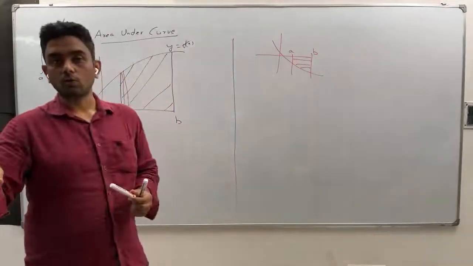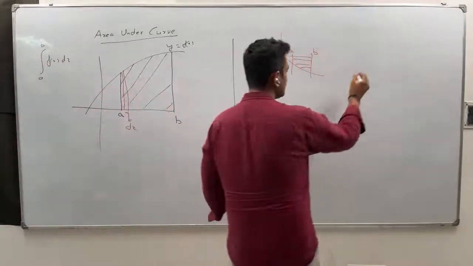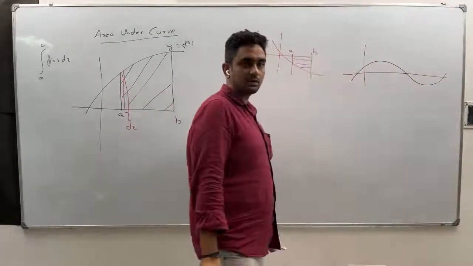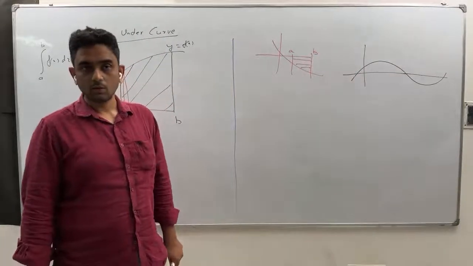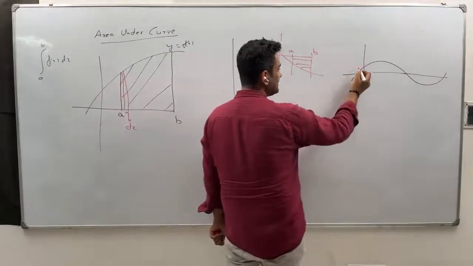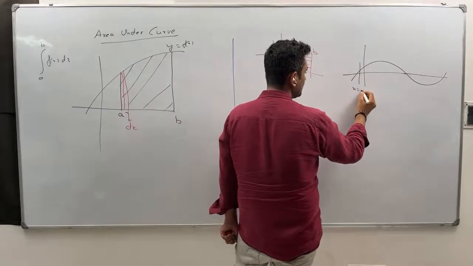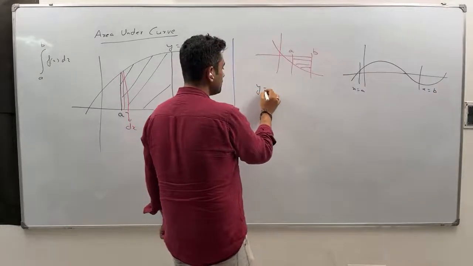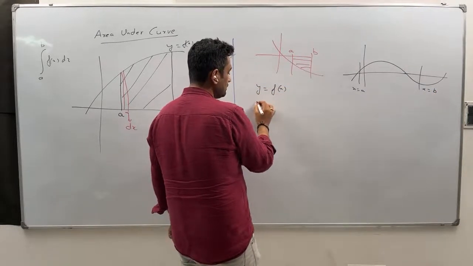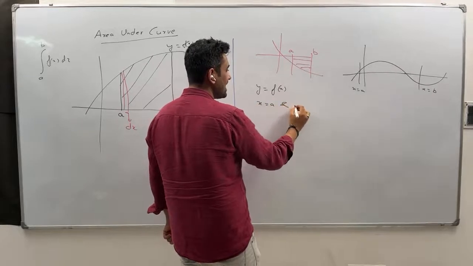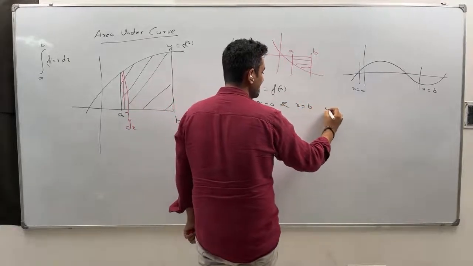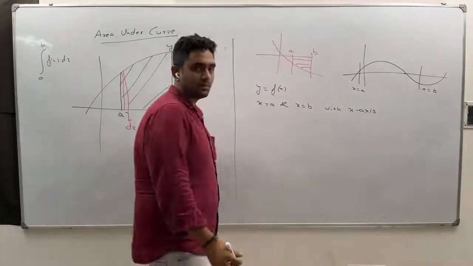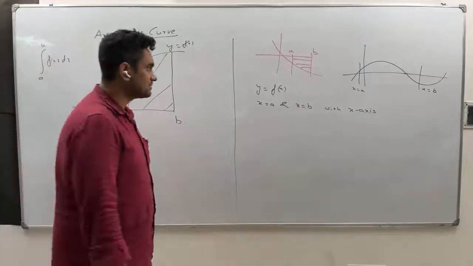So if you do not know how the graph is, the graph can be like this, something similar to a sine graph. If you do not know how it is, the more proper way of saying that is: area bounded by the curve y equal to f of x between the lines x equal to a and x equal to b with x-axis is given like this.